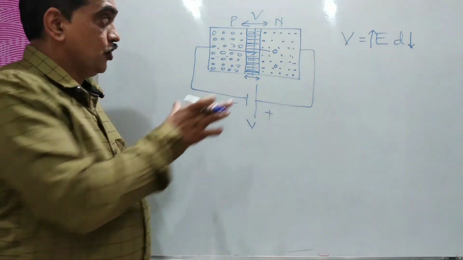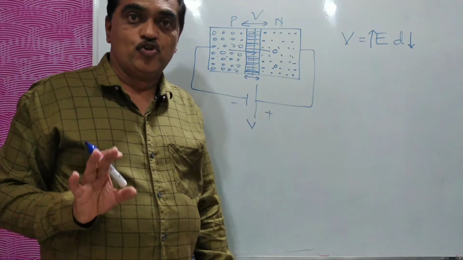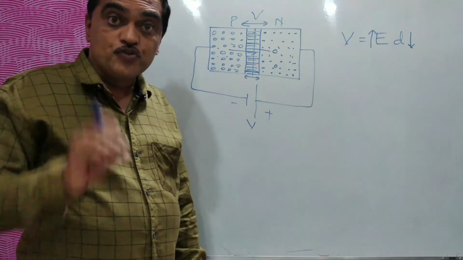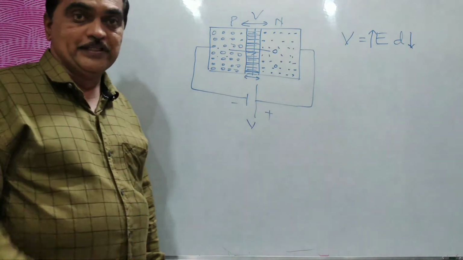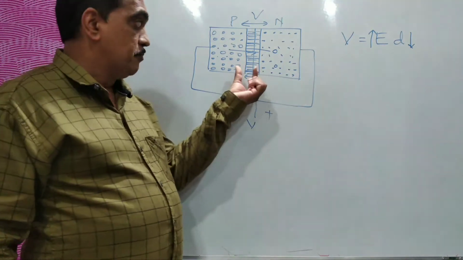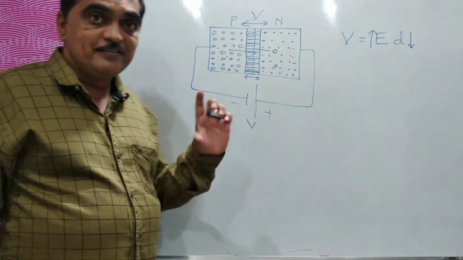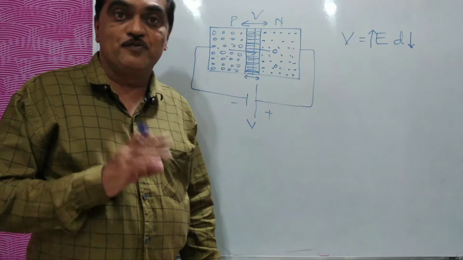At that time, the voltage across the diode will remain constant. At constant voltage, there will be a large current flowing. And one more thing, because this breakdown is not because of collision, even if some heat is produced, there will be no large heat produced. It will not destroy the device.